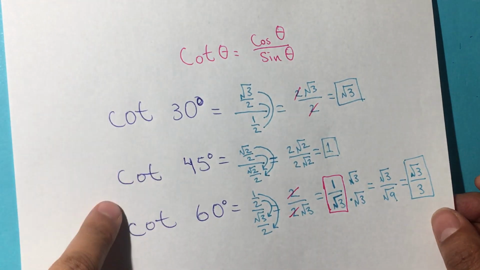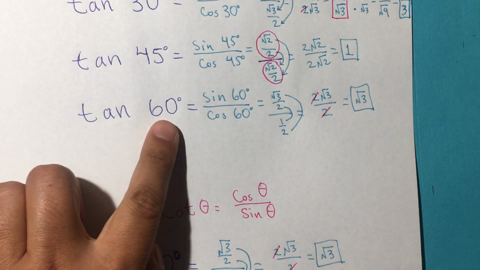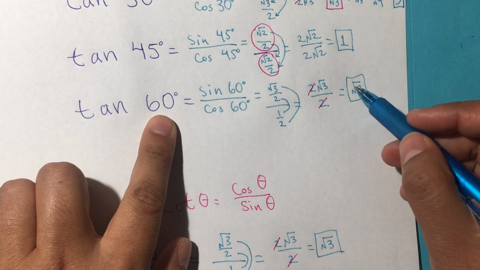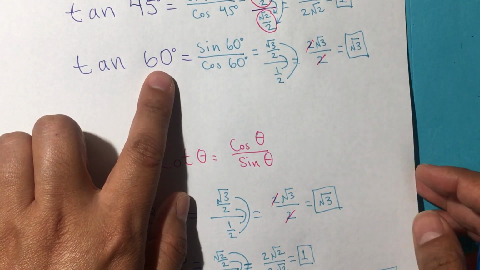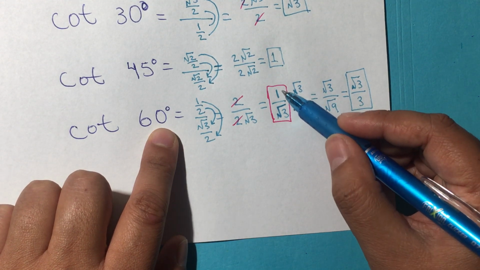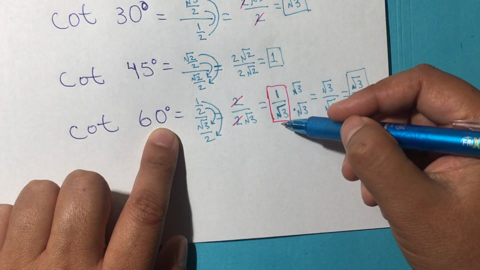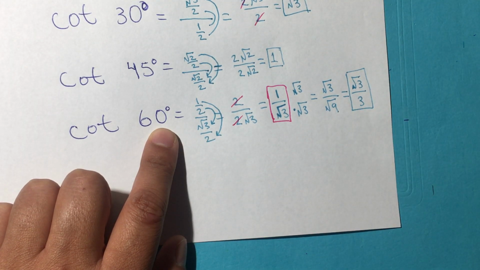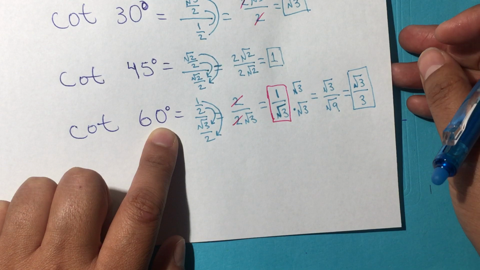So tangent and cotangent for both are 1. And the tangent of the 60-degree angle is square root of 3, which is similar to square root of 3 over 1. And the cotangent of 60, when we don't simplify it, is 1 over the square root of 3, which is its reciprocal. Okay, just to make that observation.